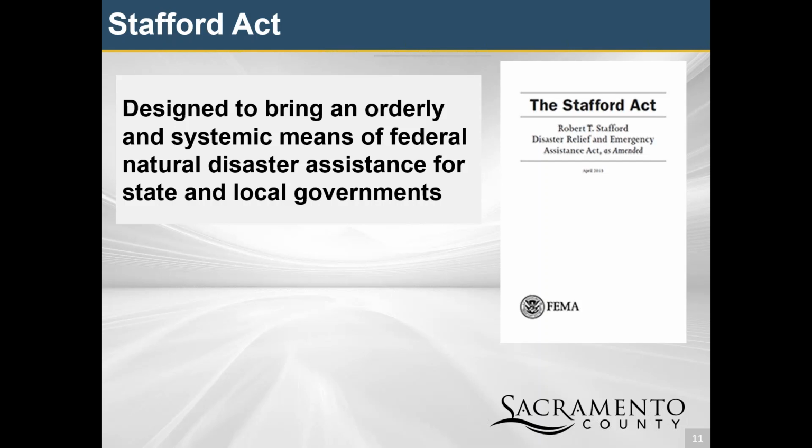The Stafford Act was developed in law in 1988, designed to bring an orderly and systematic means of federal natural disaster assistance for state and local government carrying out their responsibilities to aid citizens.